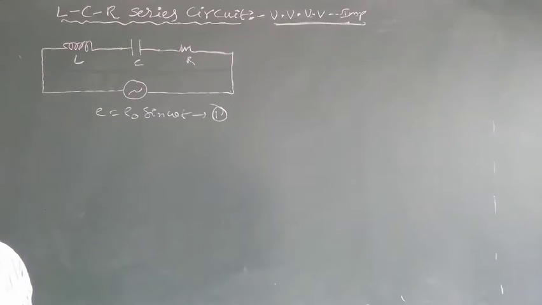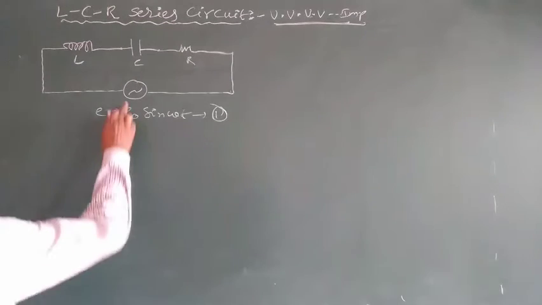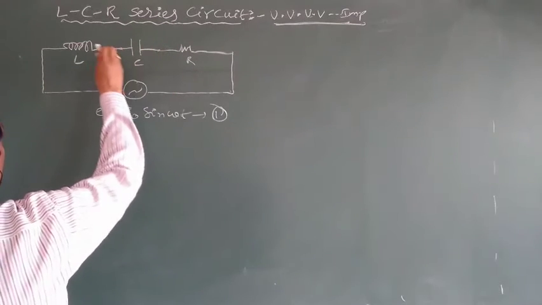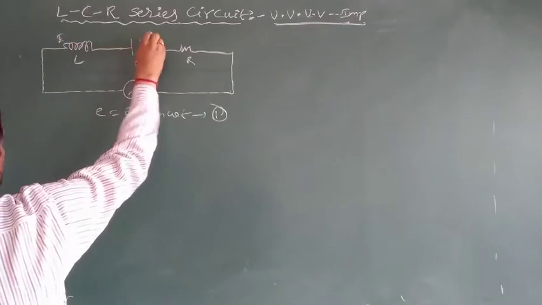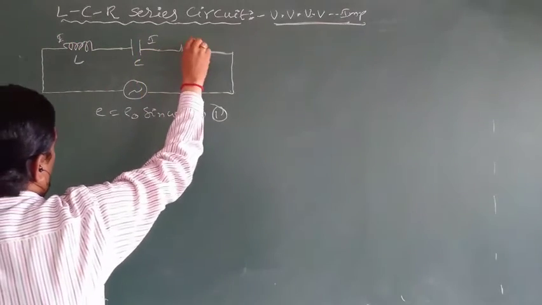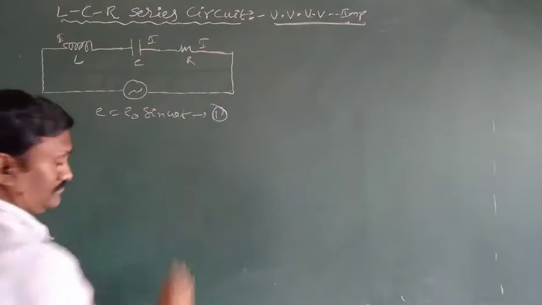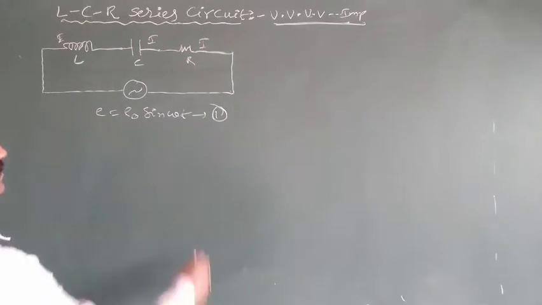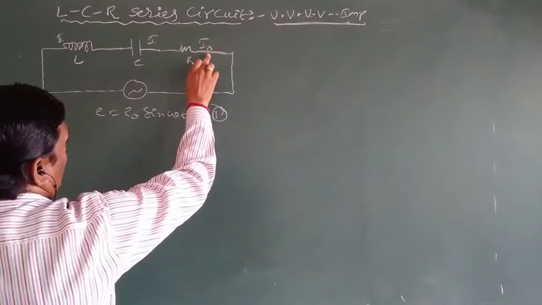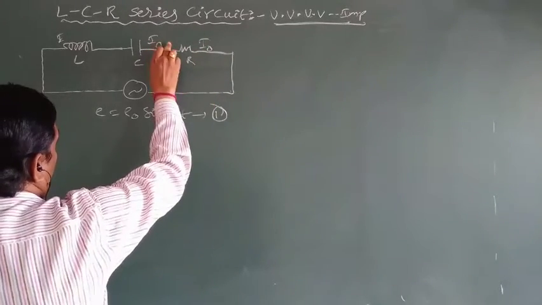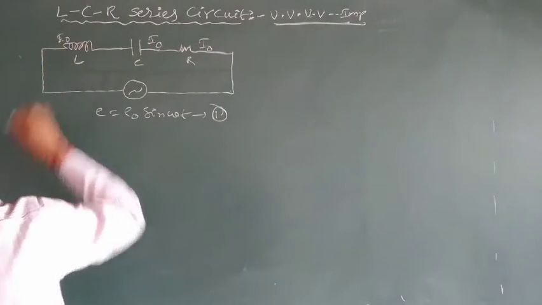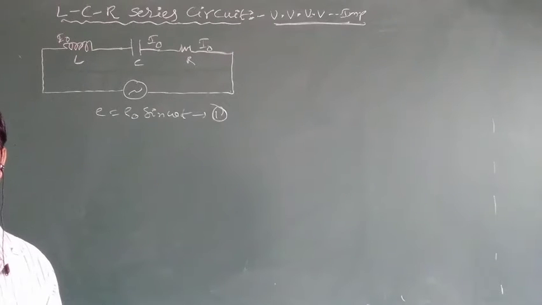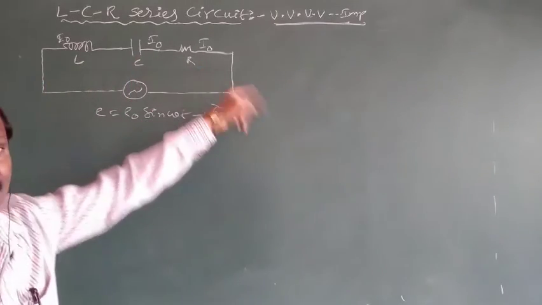In a series combination, the same current is passing through all the elements: through the inductor, the capacitor and the resistor. I means RMS current, and I naught means the peak value of current.